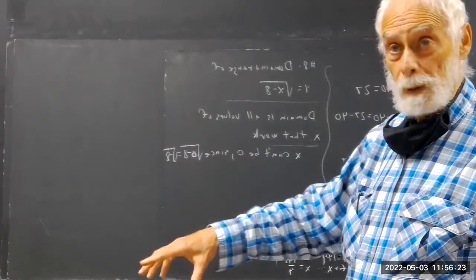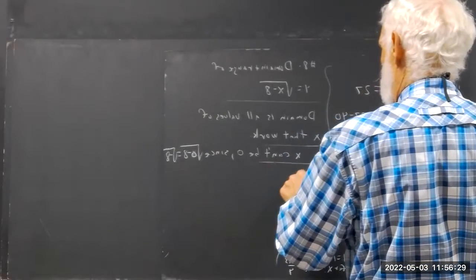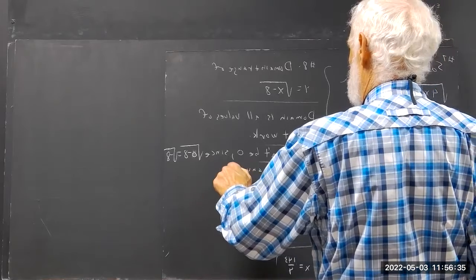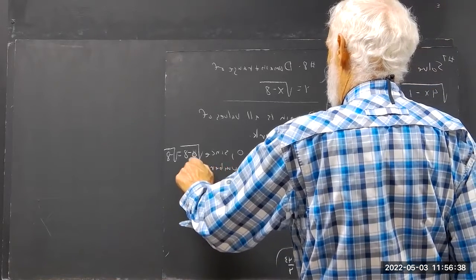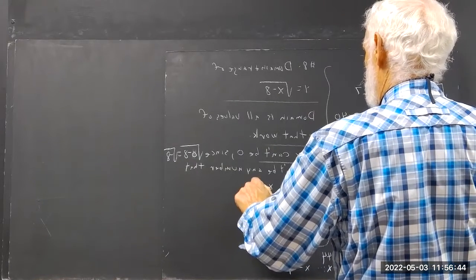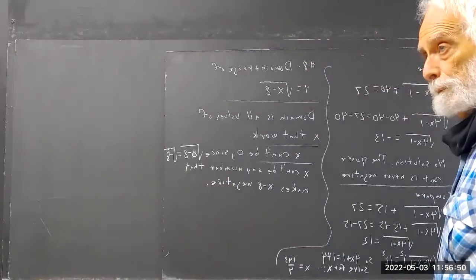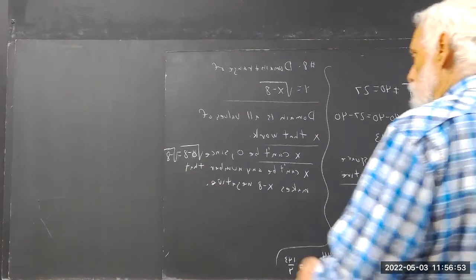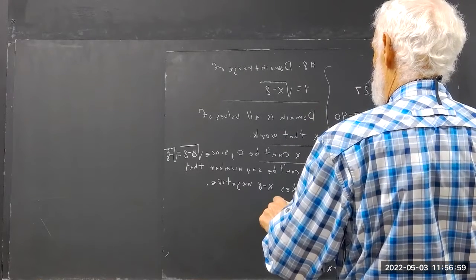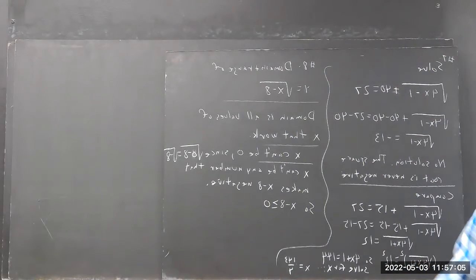There's no number you can multiply by itself to give you a negative. x can't be any number that makes x minus 8 negative. So x minus 8 has to be greater than or equal to 0, so you can use the square root.